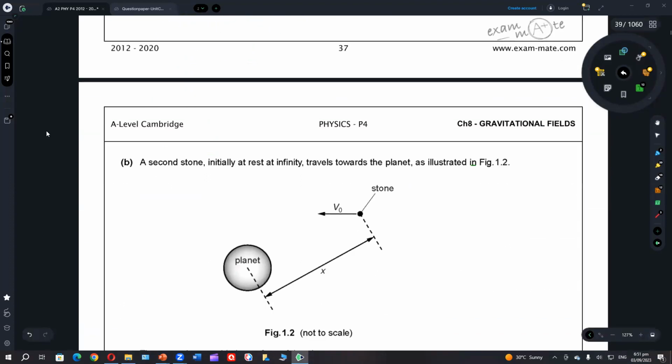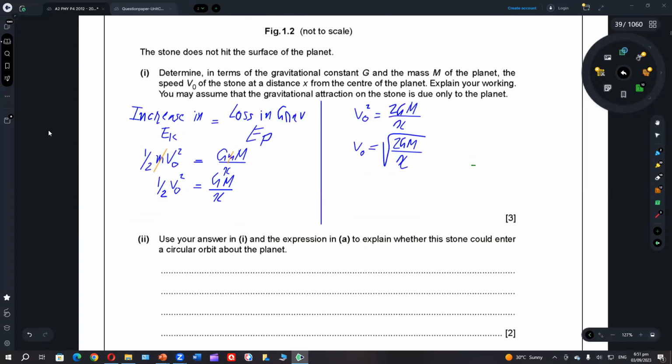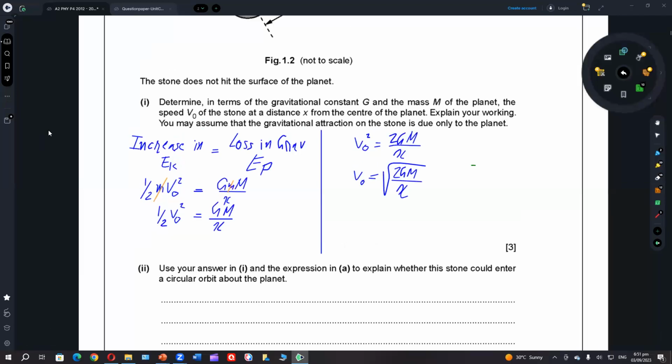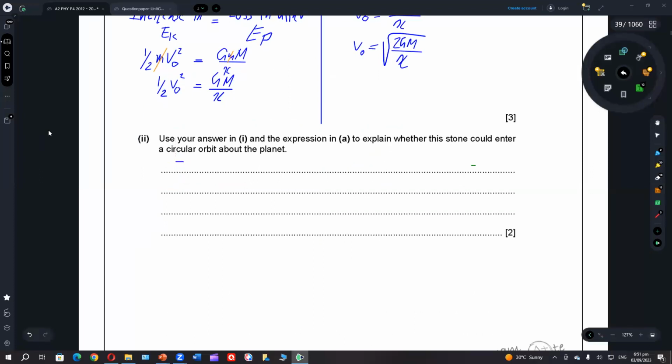Now, we have made a formula which is exactly double of it, under the root it is double. So I can tell the examiner that the stone I have has a velocity under root 2GM upon x, while the velocity needed is precisely root GM upon r.